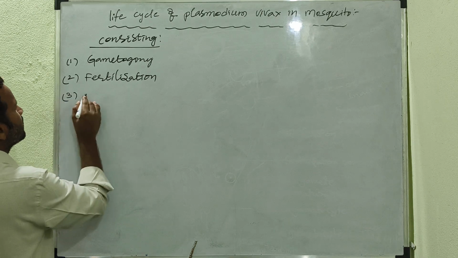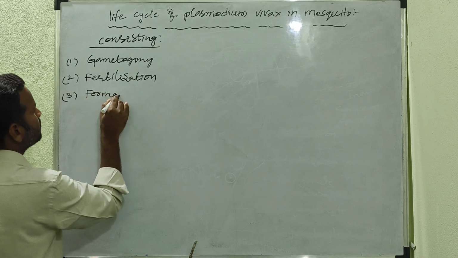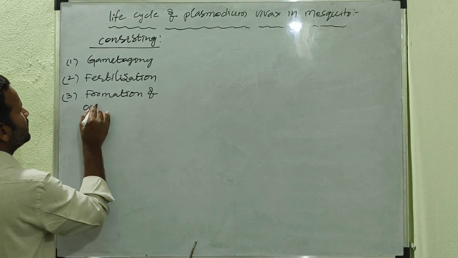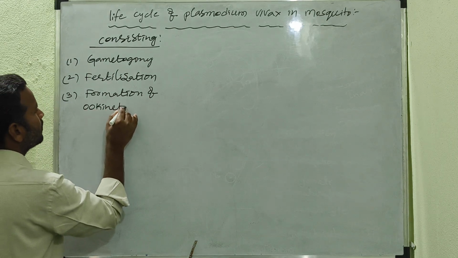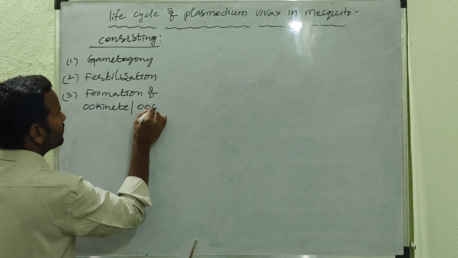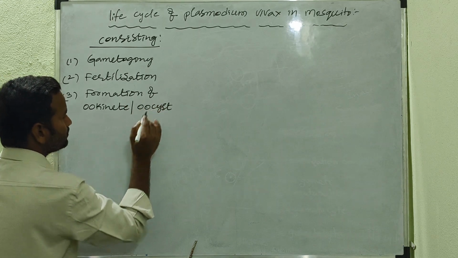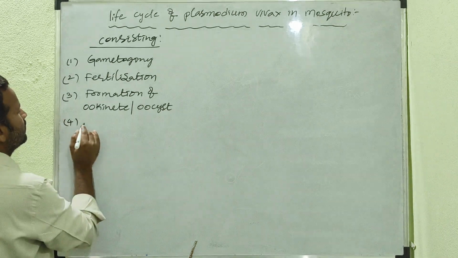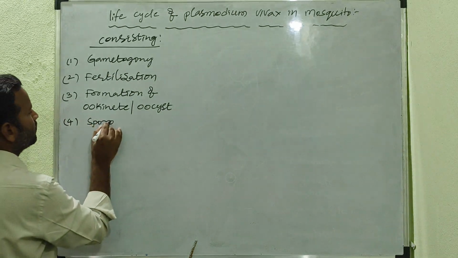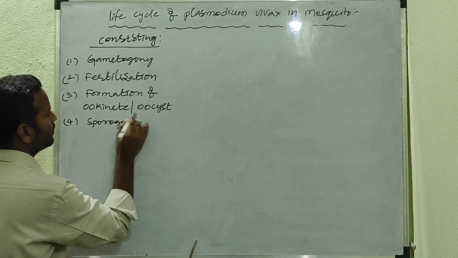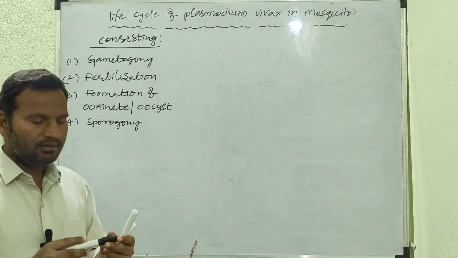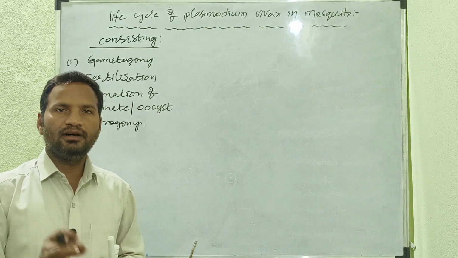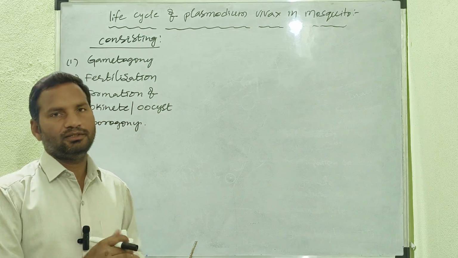Third one is formation of ookinete or oocyst. Fourth one is sporogony. Yes, these are the main stages of the life cycle of Plasmodium vivax in mosquito.